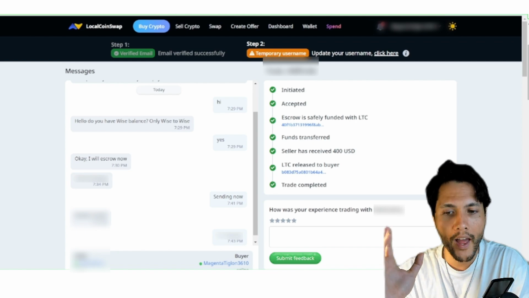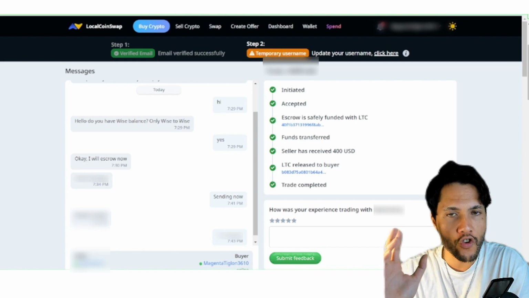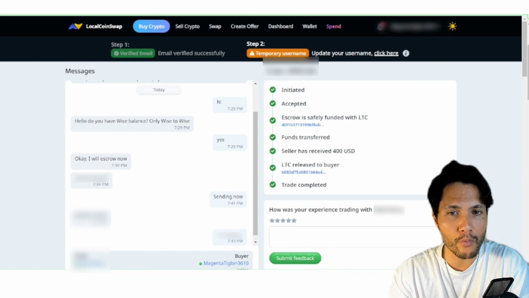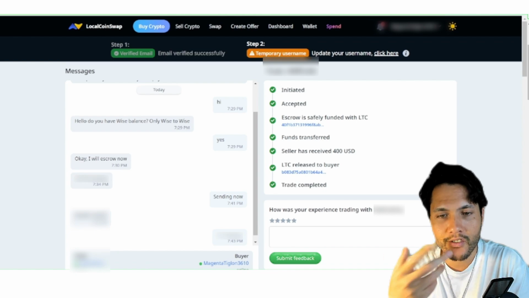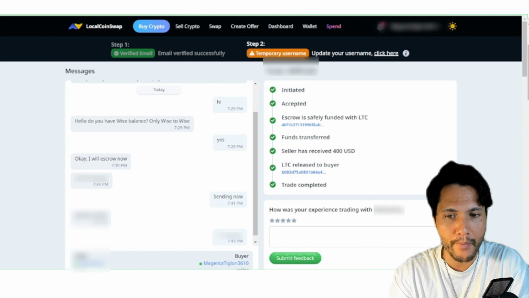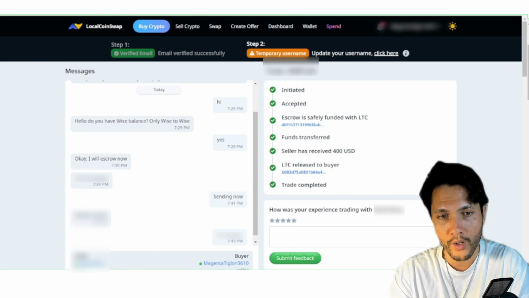Find one where there's absolutely no personal information that you have to share. As I mentioned, Revolut's good, Payoneer's good, Skrill, there's tons where you don't have to give any personal information whatsoever. I just happen to be using TransferWise a lot when it comes to these payments, so that's what I was showing you.